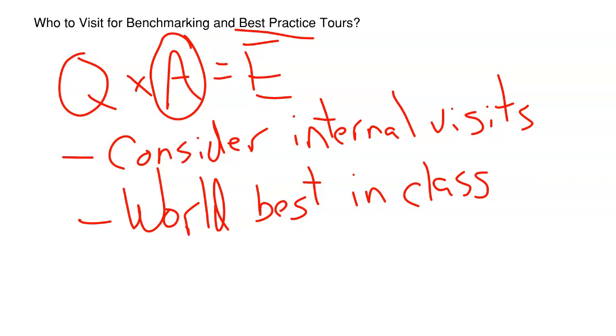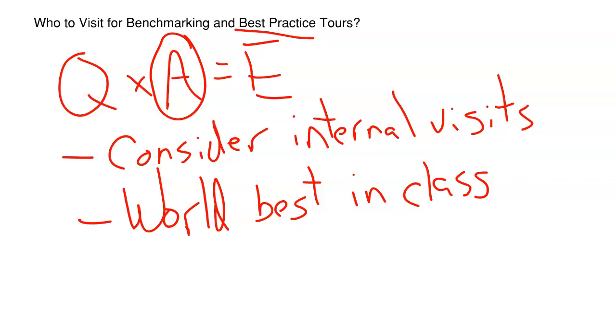Instead, we wanted to take a look at groups that were world best in class. We took a look at some regional banking institutions. A lot of the financial transactions involved the movement of paper information. And I know we wanted to consider ways to reduce paper and make it digital, but for those paper transactions, we took a look at world best in class providers that handled paper transactions.